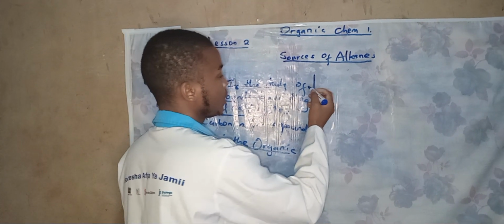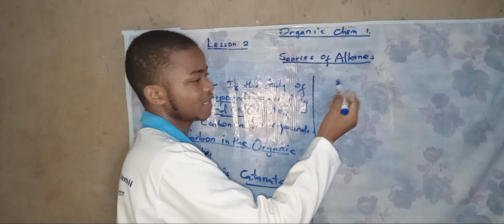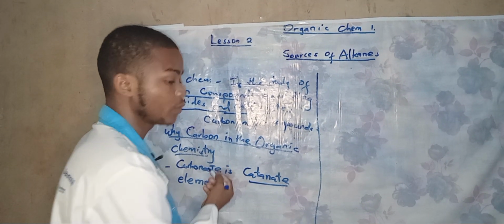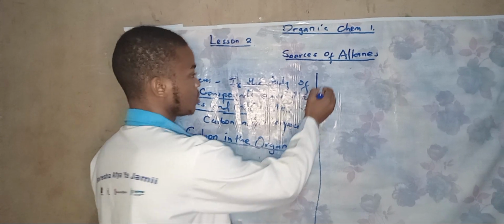When we say that an element is catenate, so major concern, which is carbon, these are the reasons.